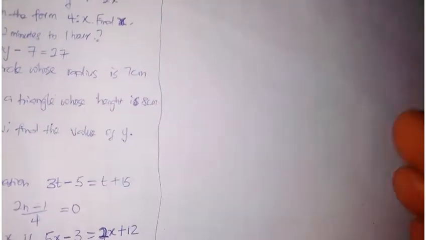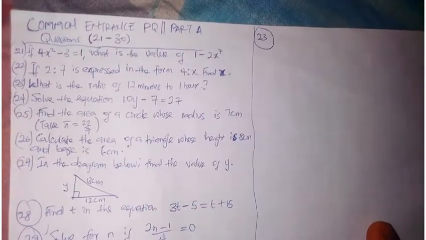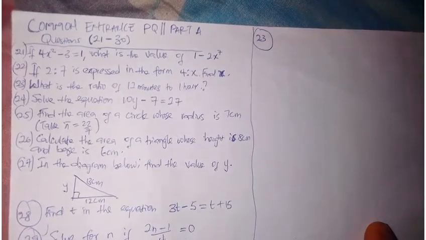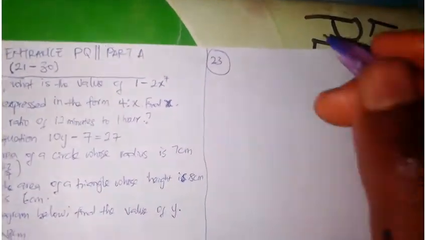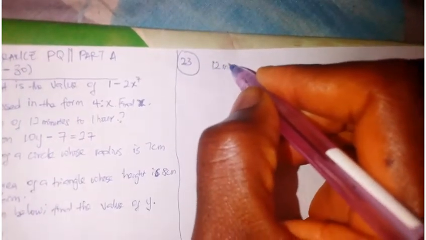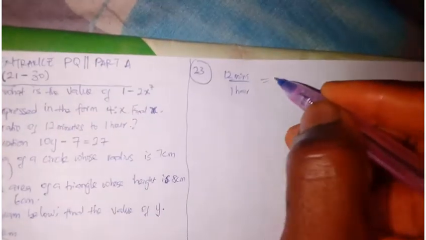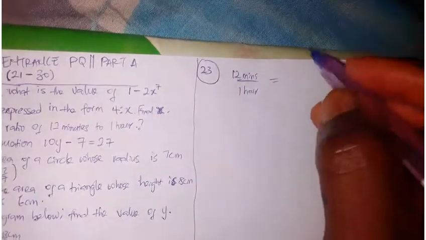For number 23 question, what do we have? It says, what is the ratio of 12 minutes to 1 hour? The ratio of 12 minutes to 1 hour means 12 minutes over 1 hour. Let me convert them both to minutes.